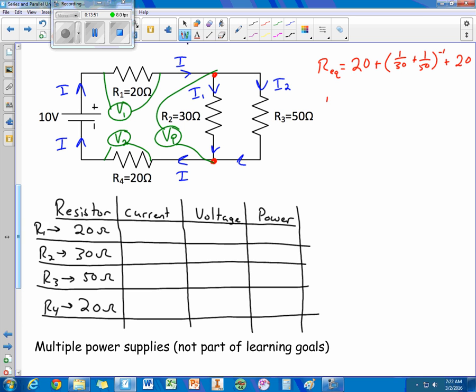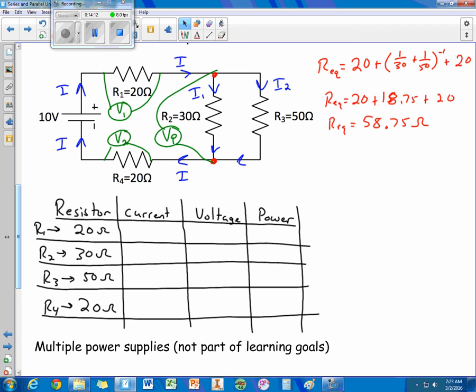So really my equivalent resistance will be 20 plus 18.75 plus 20, or 58.75 ohms.